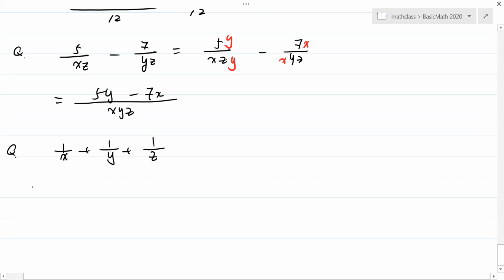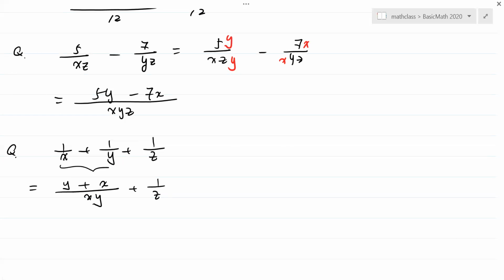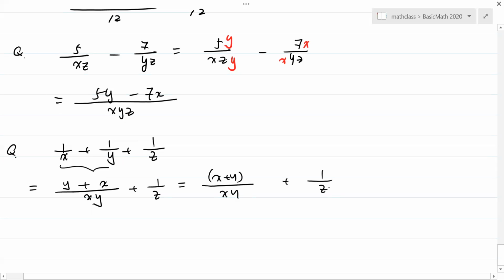So we have to do one by one. These two first. You will get the cross product: 1 times y is y, x times 1 is x. So now the left-hand side is xy, the right-hand side is just z. These two denominators are quite different. So I use this, over xy, and then plus 1 over z. I'm going to add the terms. I need to put a z here; z is missing.